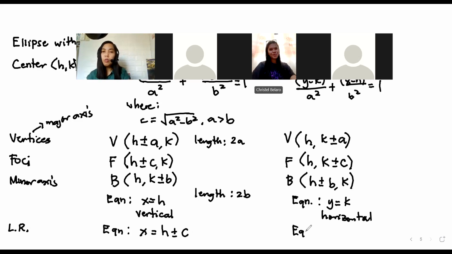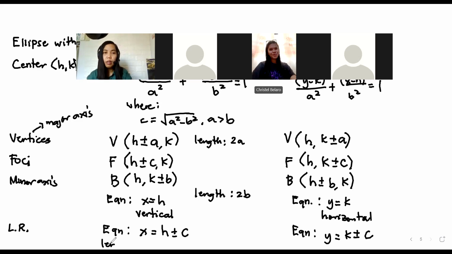Okay? Here, kung ang major axis ay nasa y, the equation of latus rectum is y equals k plus or minus c. Laging partner si x kay h, si y kay k. Okay? So far yan yung kailangan.